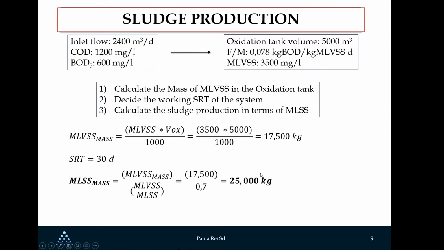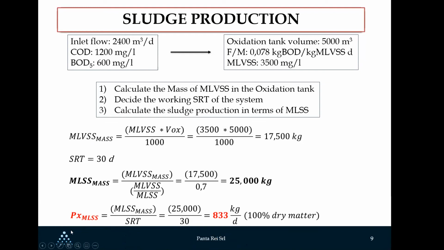With this information, at the end, we can calculate the production of sludge in terms of MLSS, considering 100% dry matter, which will help us to make the mass balance.